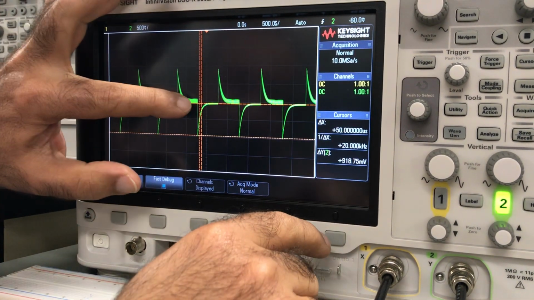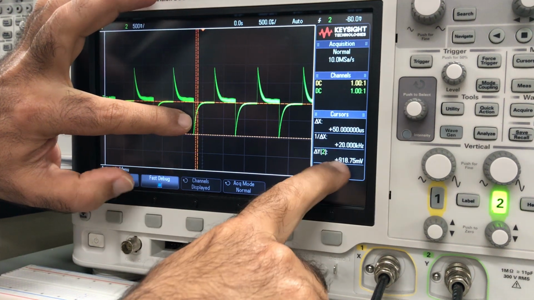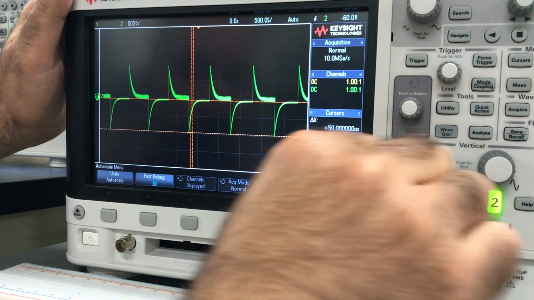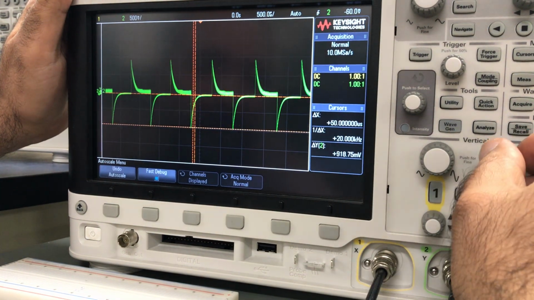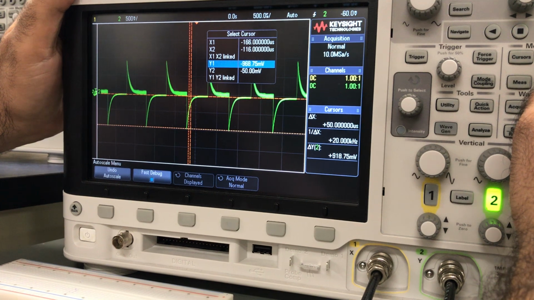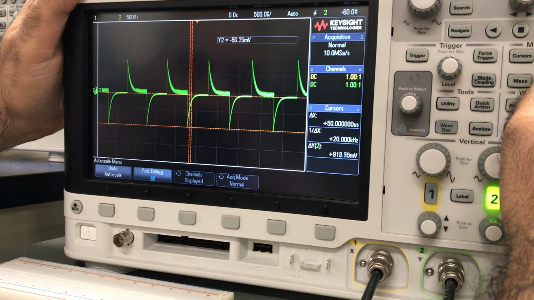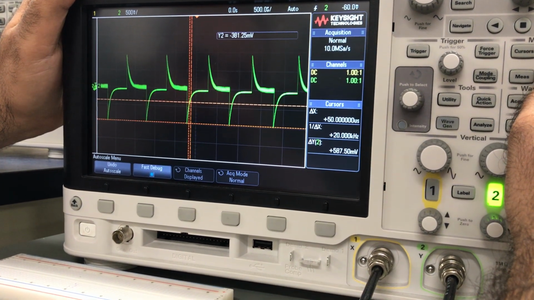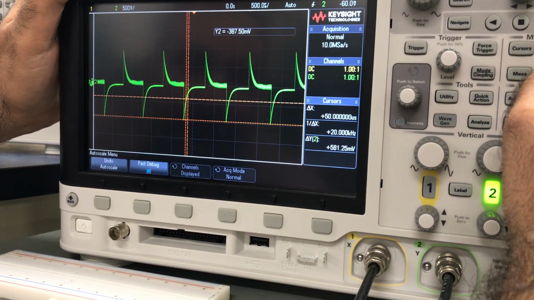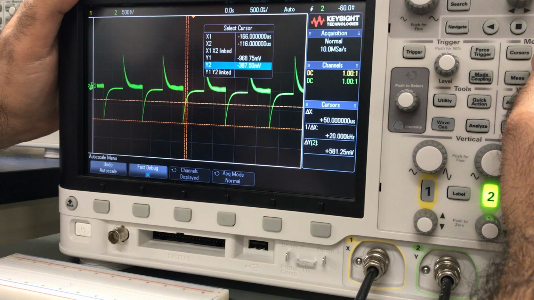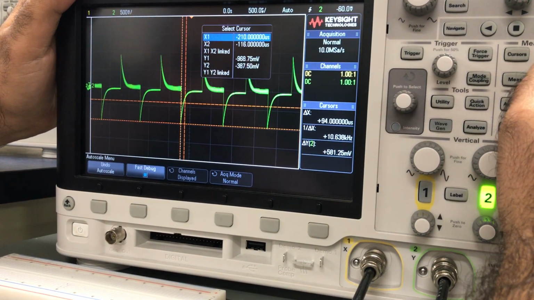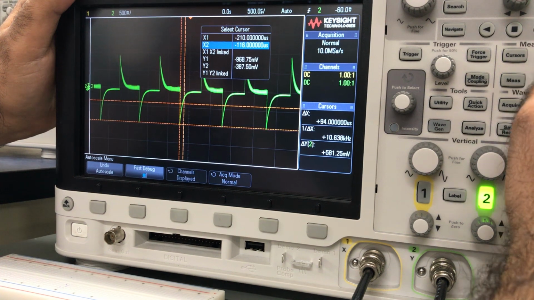So I will click on cursors again, and then I will move this guy down to read approximately 0.58 or 580. Then I will move x1 over there, and I will move x2.